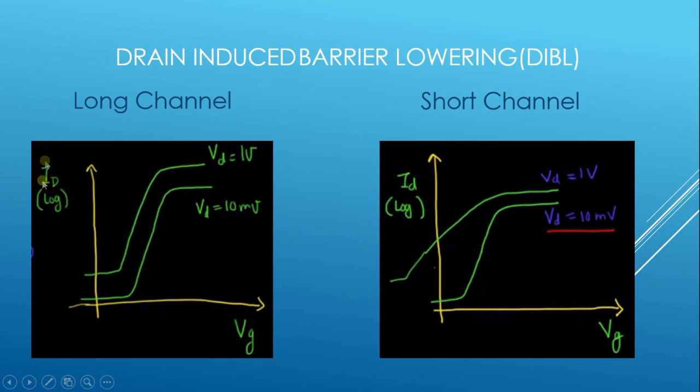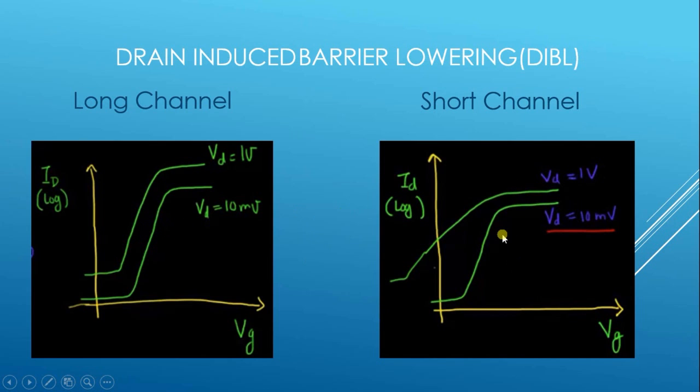The upward shift is nothing but an increase in the ID. So here in the offset, the current is being increased, and in the on state as well, it is increased by the same amount, and here the slope is the same.